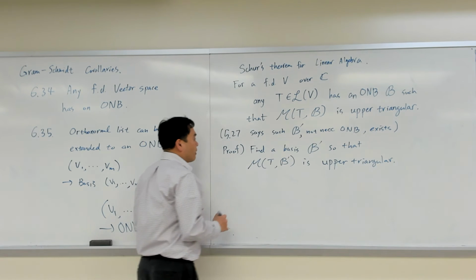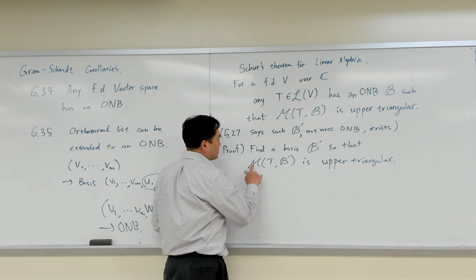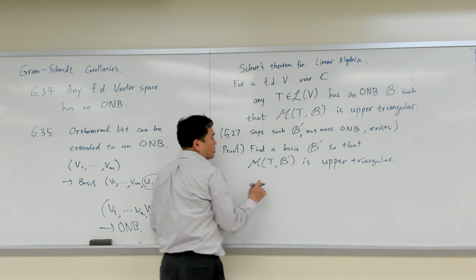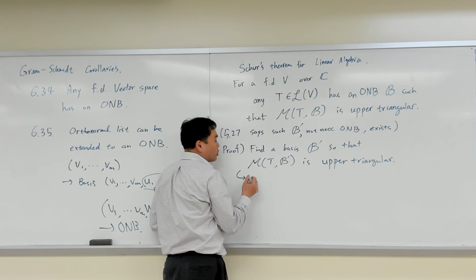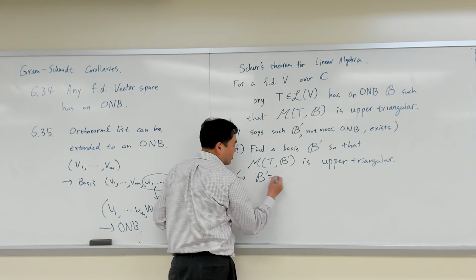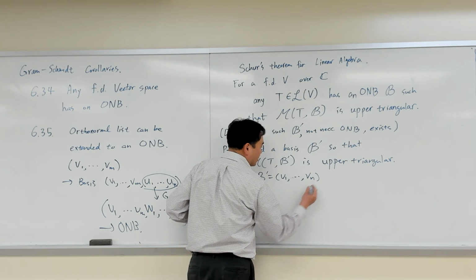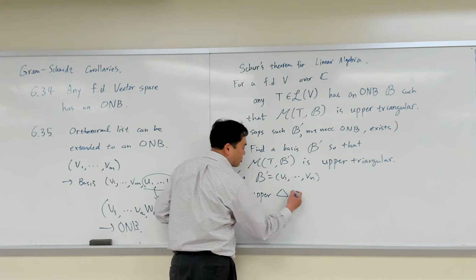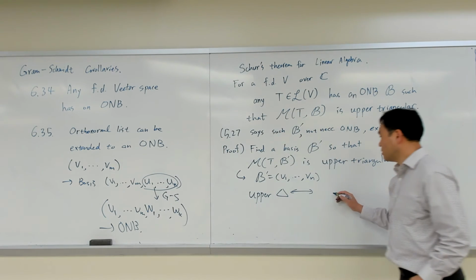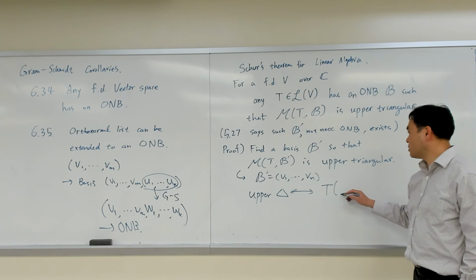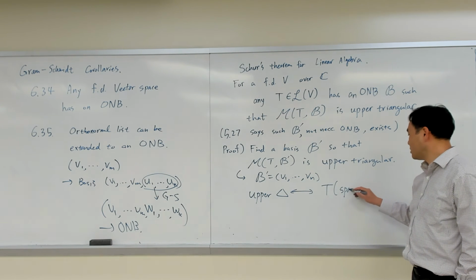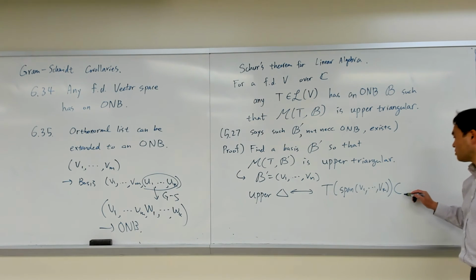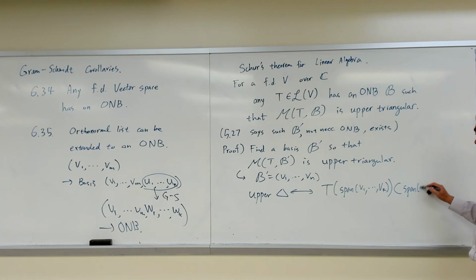Now, however, we had an equivalent condition which says that if this is V1 through Vn, then being upper triangular was the same thing as saying that T of the span of V1 through Vk is in the span of V1 through Vk.